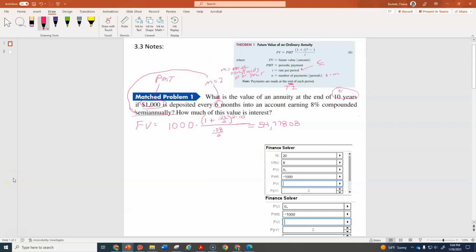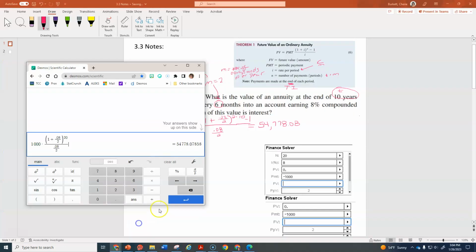So right here, I should have a -1. And when I put in that -1, I now get the correct answer, $29,778.08. So I was wrong on the calculator. I'm sure y'all caught that.